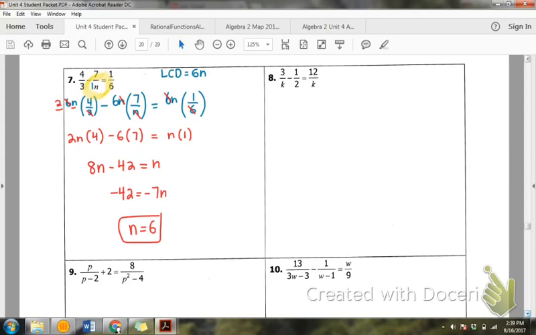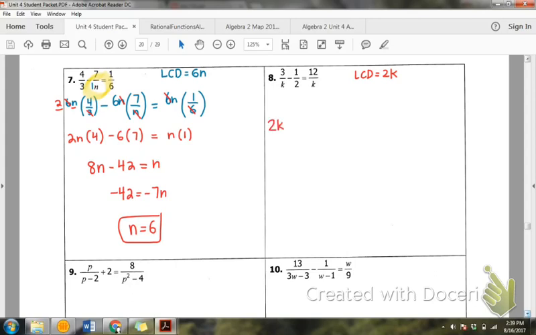All right, number 8. What do you think is the common denominator between k and 2? Just 2? 2k. 2k, right? So our LCD here is 2k. So we're going to do it again the same way we just did the other one.